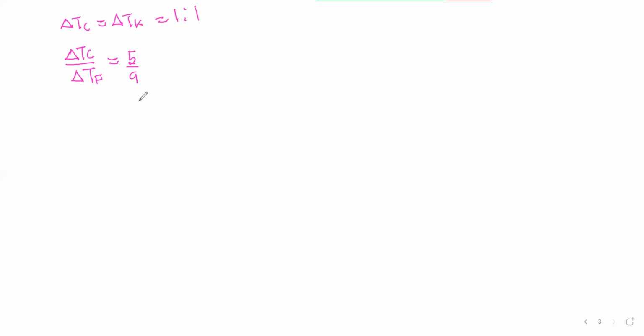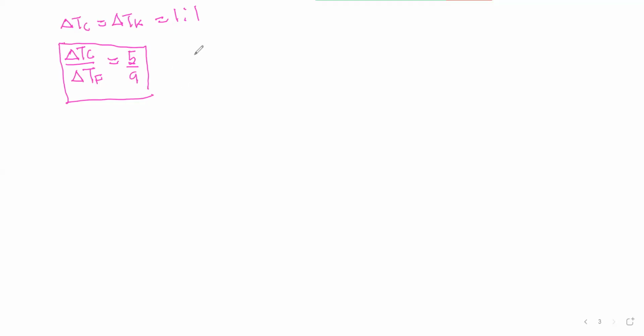Echo, your hand was raised. Okay, Saki. Joseph, can you say 5 times the change of Fahrenheit is equal to 9 times the change of Celsius? Take it this way: if it is Celsius over Fahrenheit, it is 5:9. If it is Fahrenheit over Celsius, 9:5.